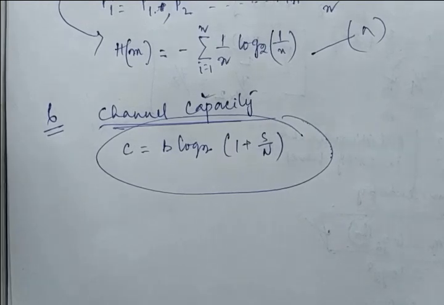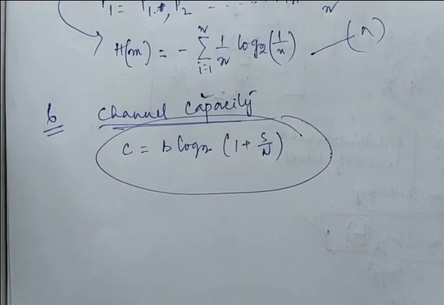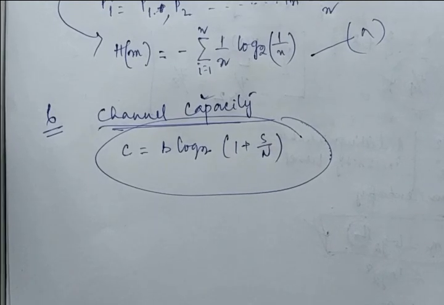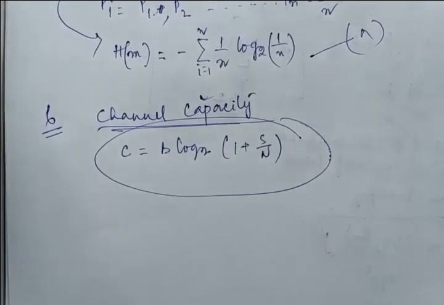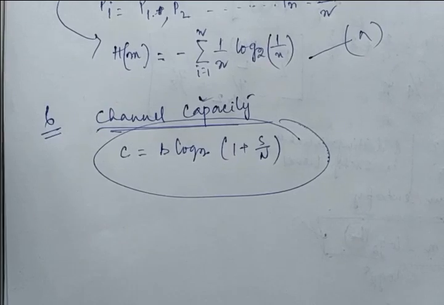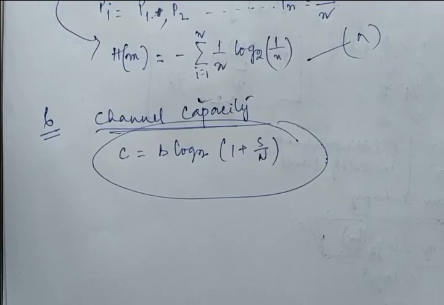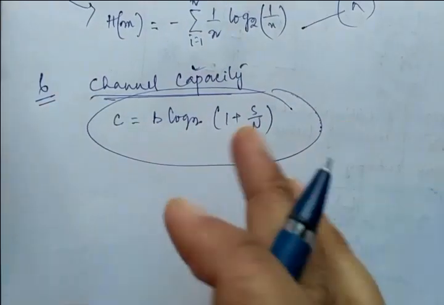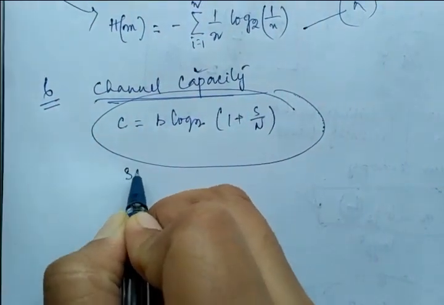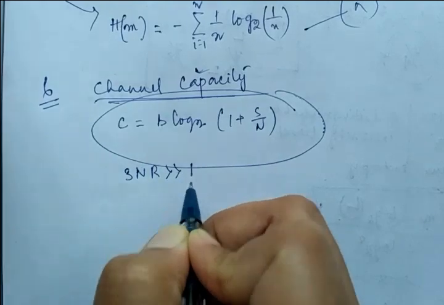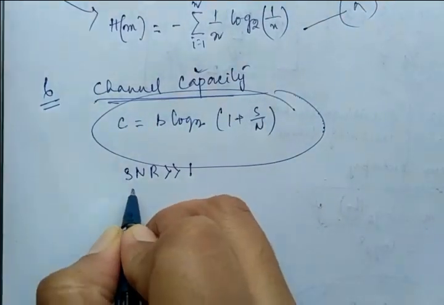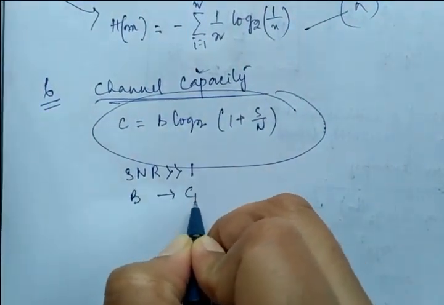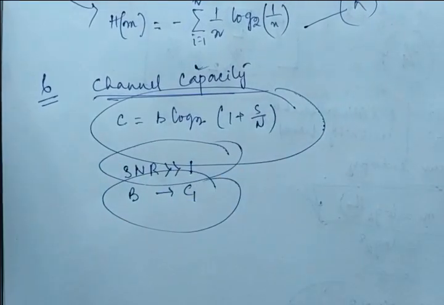Okay, so how can we do that? And which parameter do we have to calculate? The communication channel with AWGN operating at a signal to noise ratio. Some clues are given over there, that is SNR is much greater than 1, and the bandwidth B has the capacity C1. So this parameter is already given.